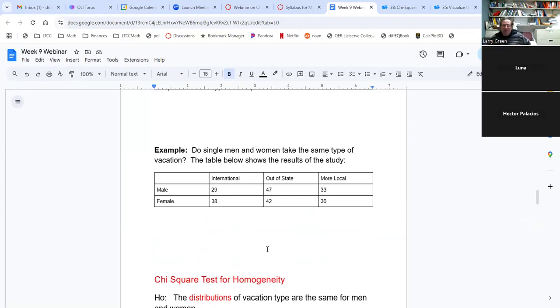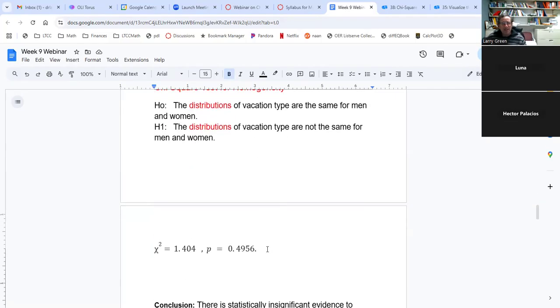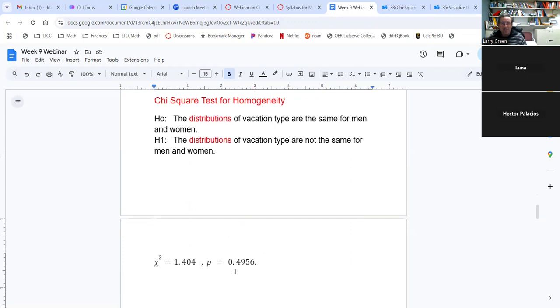And when you're dealing with this kind of stuff, usually what you typically do is you just look at the p-value, and if it's less than 0.01, you say there's strong statistically significant evidence. If it's between 0.01 and 0.05, you say there is statistically significant evidence.